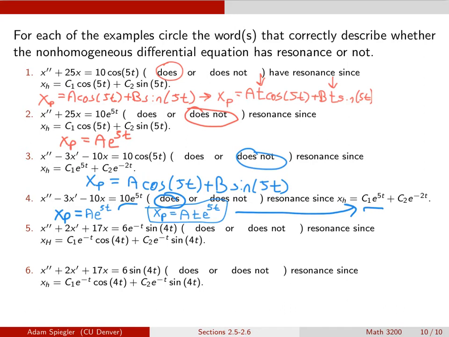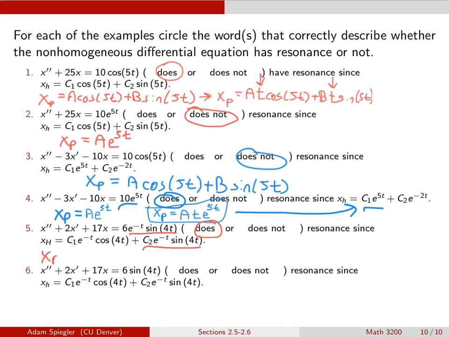In question number 5, here the corresponding homogeneous solution for all of that is down below. So this characteristic equation must have had complex roots. And if I compare it to the forcing function above, here I can see that this is definitely going to have some resonance with that term below. They just differ by a constant multiple. So we're going to need to fix this issue with resonance. So there is resonance there.